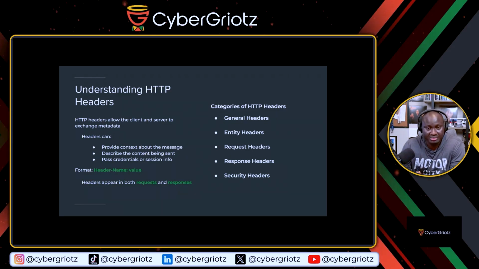They can describe the content that's being sent. They can pass credentials and session info, as I mentioned, like with cookies and tokens and authorization. They allow the client and server to exchange data and understand each other in terms of what data they're exchanging.